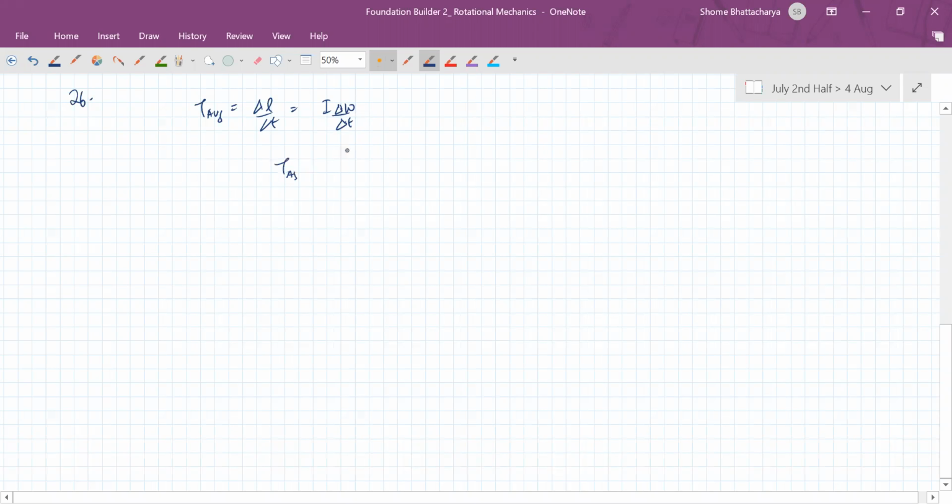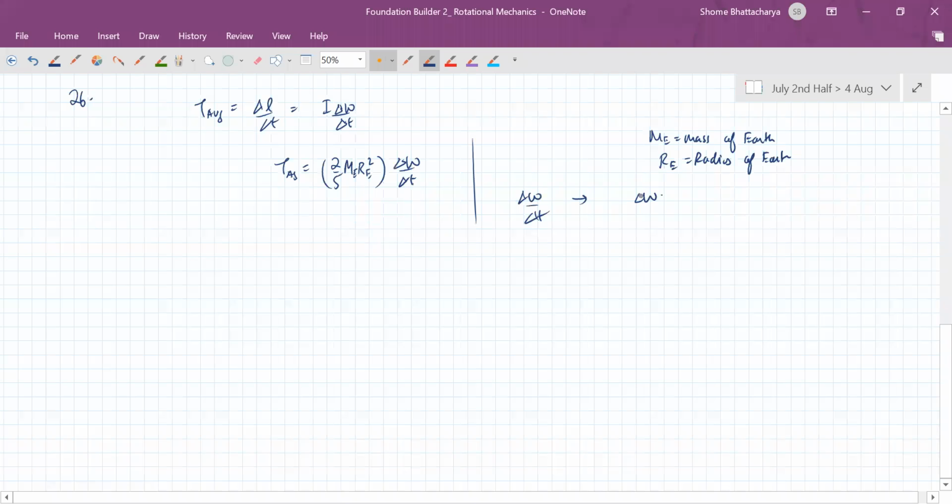So the average torque will be, now we'll treat the Earth like a solid sphere, 2 by 5 M_e R_e squared, where M_e is the mass of the Earth and R_e is the radius of the Earth, into delta omega by delta t.